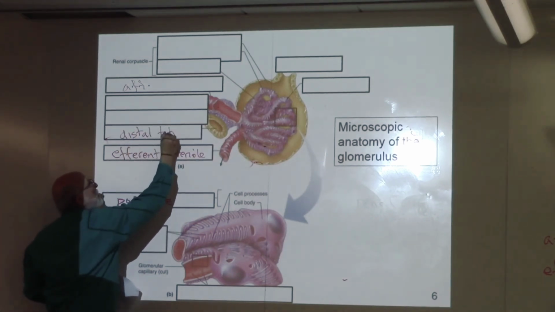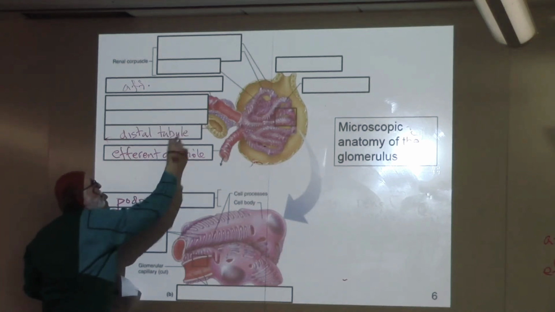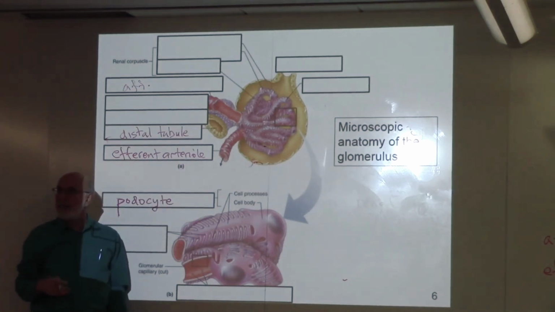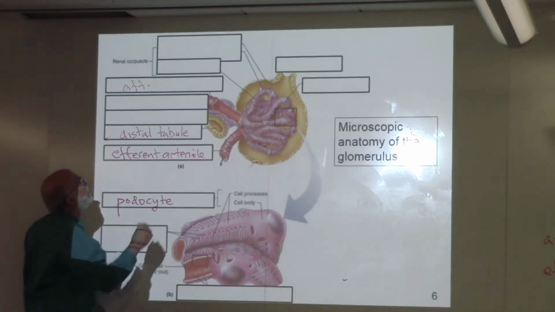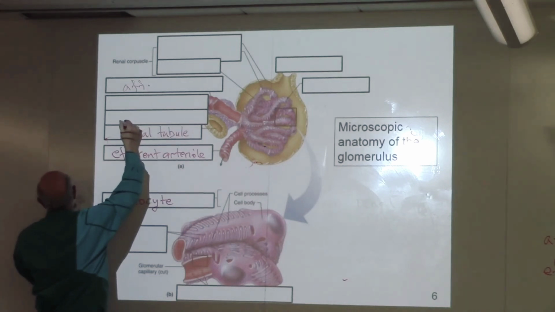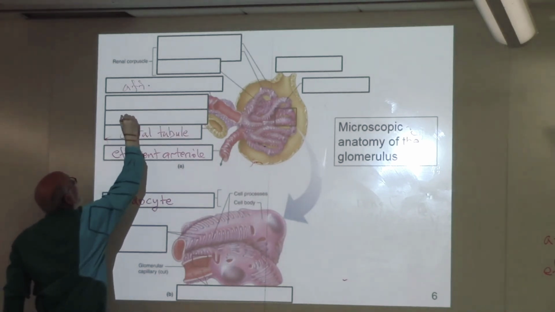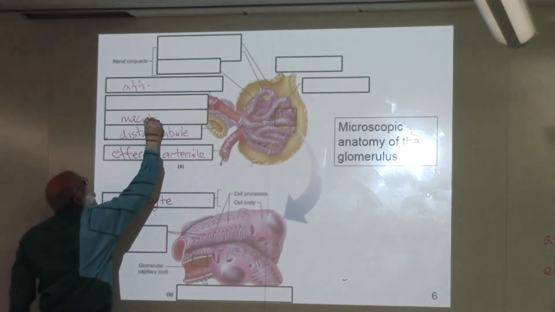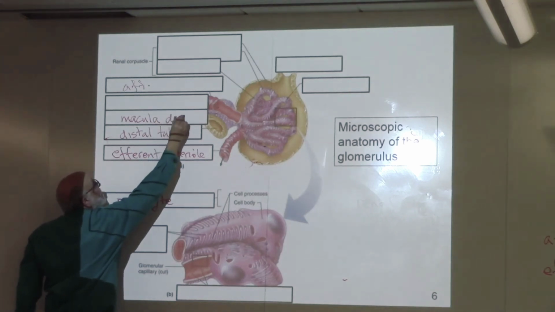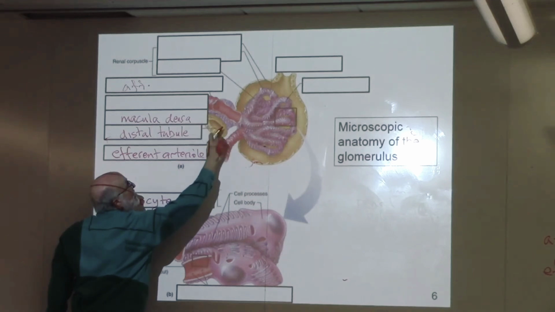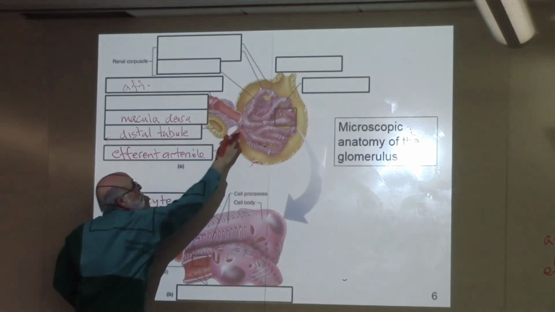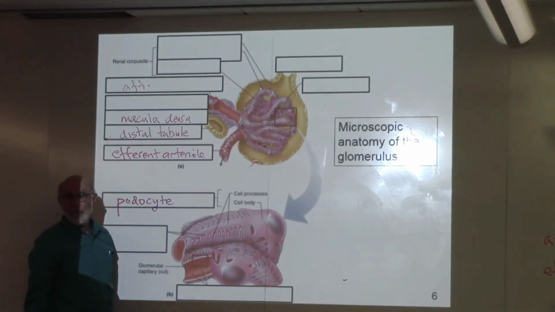It's really the very beginning of the distal tubule, the end of the ascending limb of the loop of Henle. That's the distal tubule. This structure here is the macula densa. So this is the anatomical connection between the distal tubule and the afferent and the efferent arteriole.